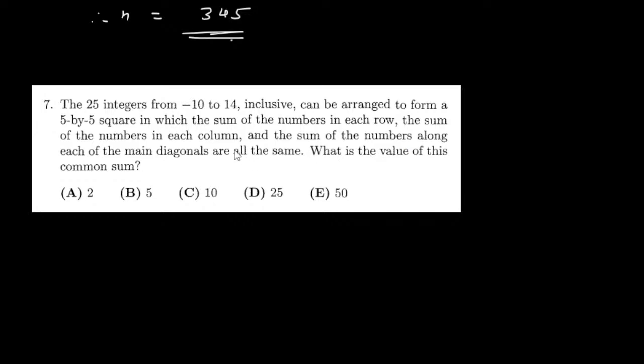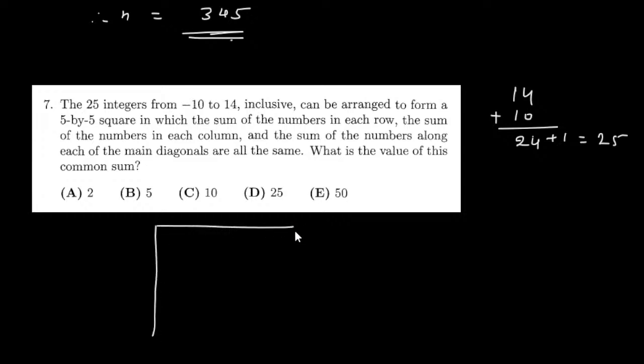Okay, so minus 10 to 14, if I see how many numbers, 14 minus of minus 10 will be plus 10, so then it is 24, and if I am including this minus 10 and this 14, it is a total of 25. So I have a 5 by 5 square, something like this.